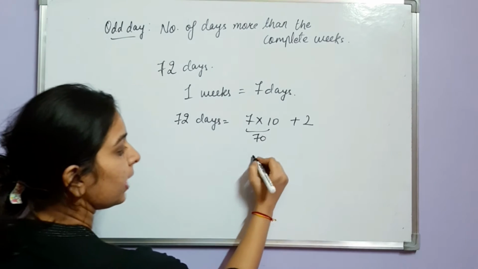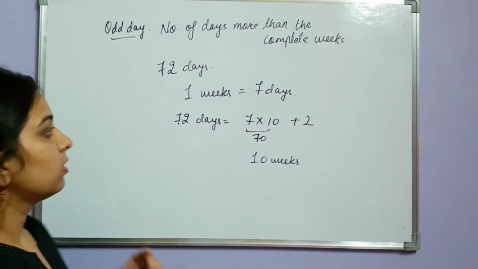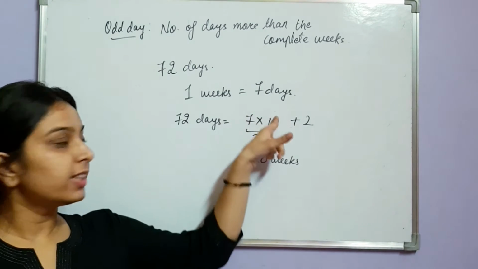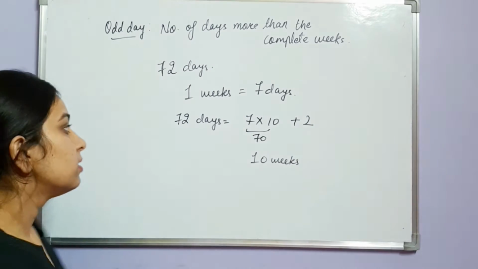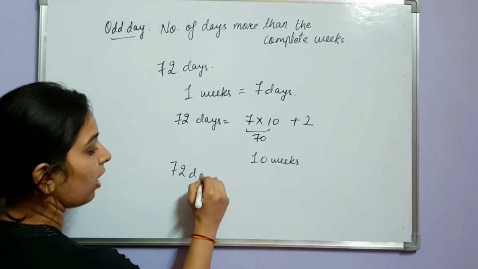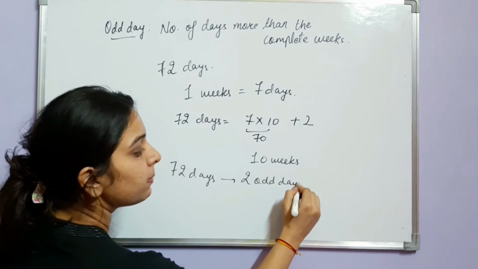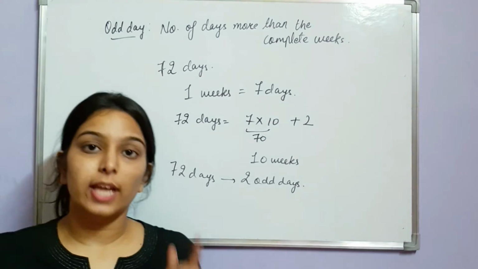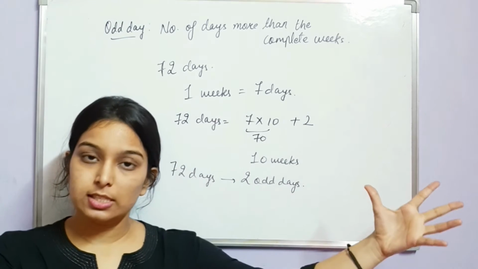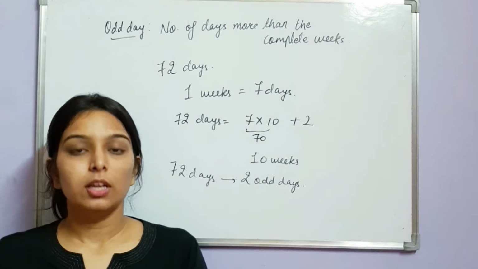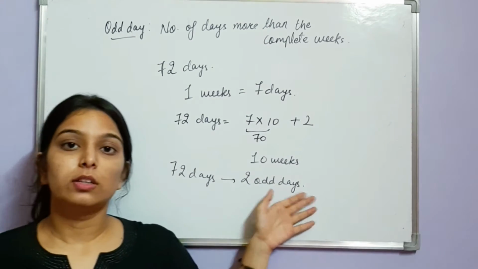That is, we can make 10 weeks, 7 days for 10 weeks, fine, and plus 2 more days. So in 72 days, there are going to be 2 odd days. That means that out of 72 days, we are going to use 70 days to make weeks and 2 days are left, they will be making the odd days. So this is what is meant by odd days.